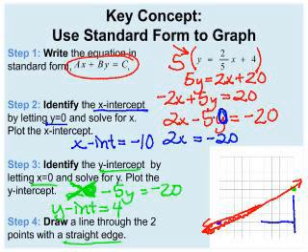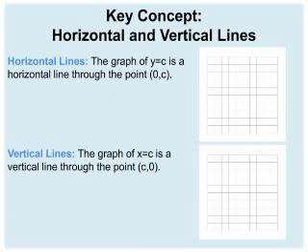The last thing that I want to do is go over horizontal and vertical lines. A horizontal line, the graph of y equals c, is a horizontal line. So if I had y is equal to 5, that would be a horizontal line at 5.